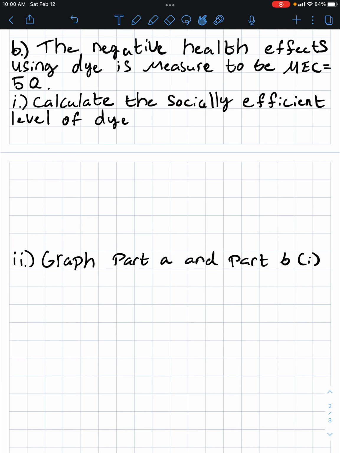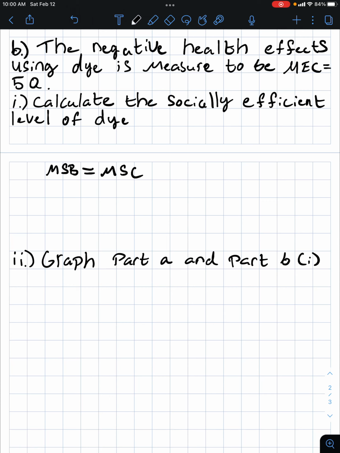Part B. The negative health effects of using dye is measured to be MEC equal to 5Q. Calculate the socially efficient level of dye. To do this, we need to set our marginal social benefit equal to our marginal social cost.